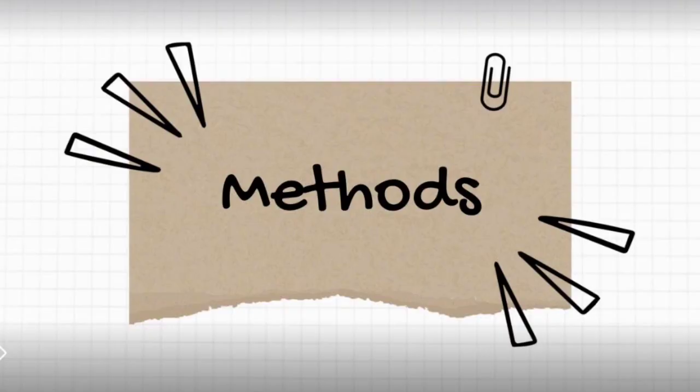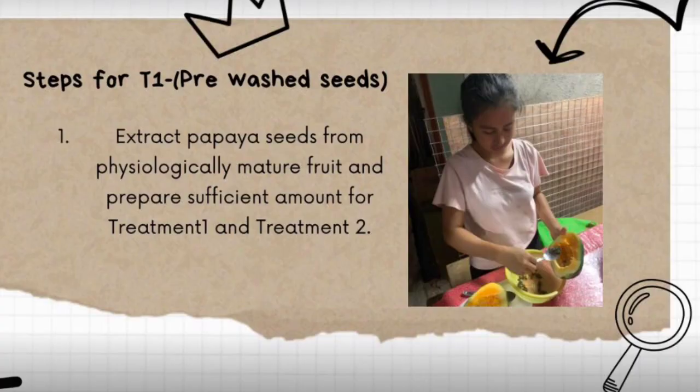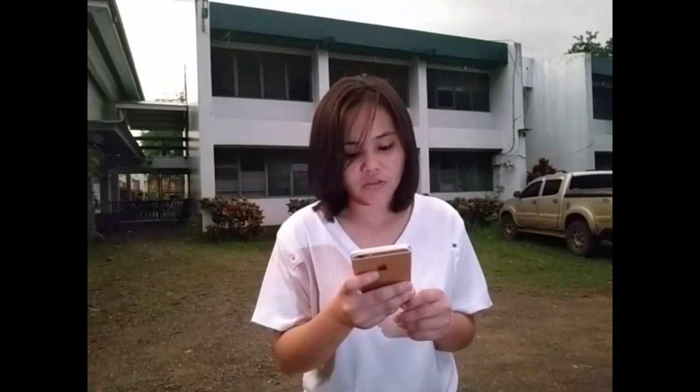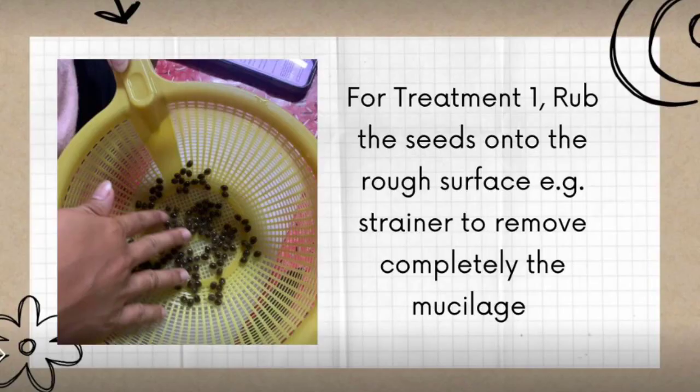So these are the steps for treatment 1, which is the pre-washed seeds. Extract the papaya seeds from a physiologically mature fruit and prepare a sufficient amount for treatment 1 and treatment 2. For treatment 1, rub the seeds onto a rough surface, for example a strainer, to completely remove the mucilage.